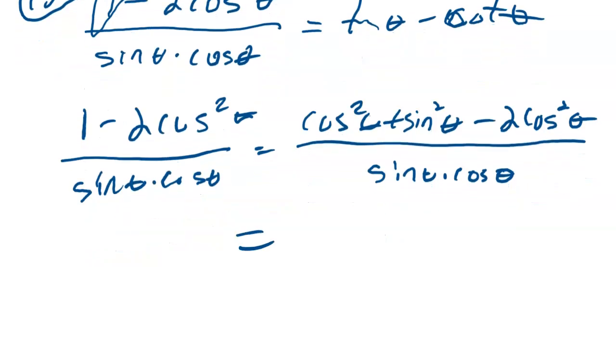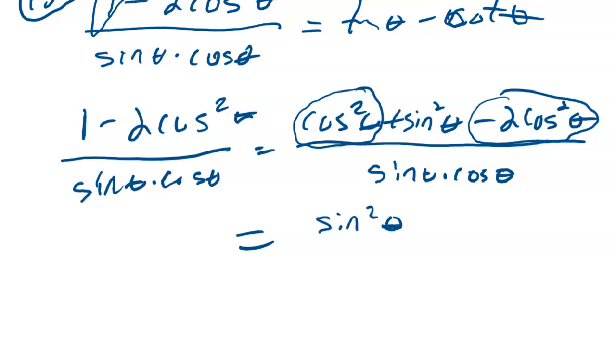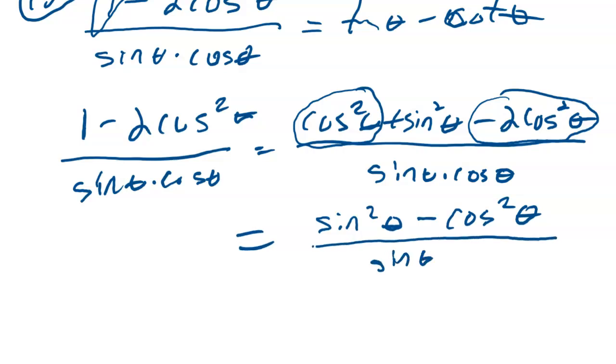And then I can do some math here. So notice there's 1 here and there's -2 over here. So on top, you're going to get sine squared theta minus cosine squared theta. I think that should make sense. All over sine theta times cosine theta.